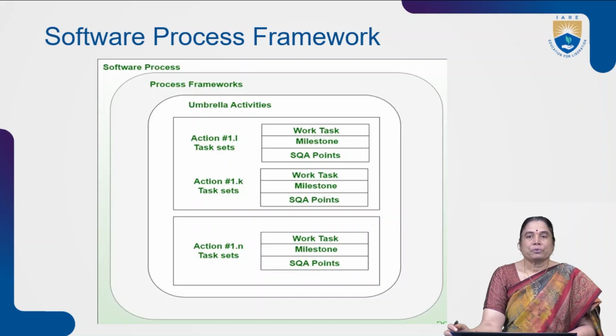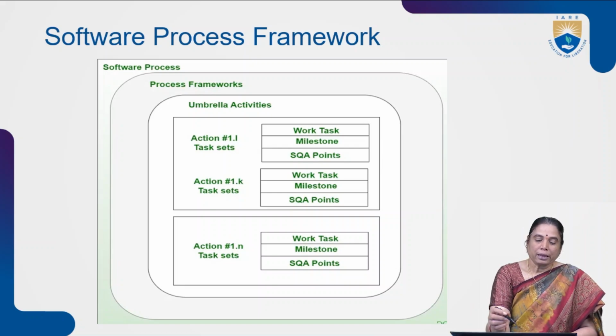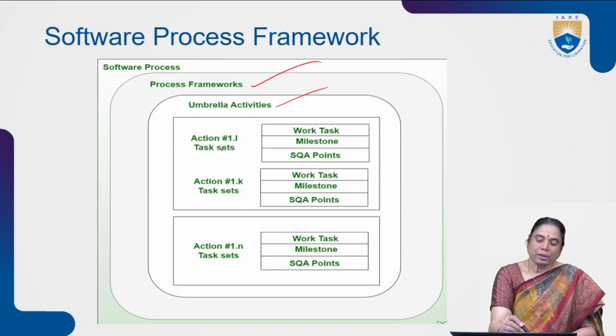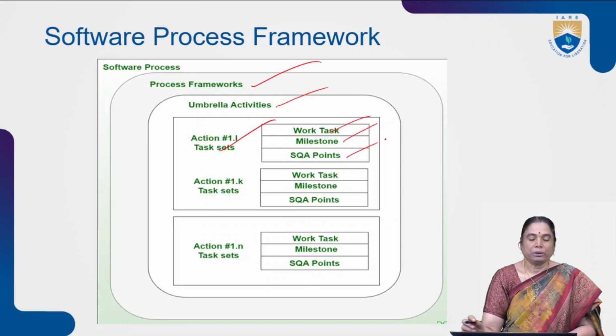A software process framework generally has the following structure: process framework activities and umbrella activities. Umbrella activities contain the task set, and each task set consists of work tasks, milestones, and SQA points.